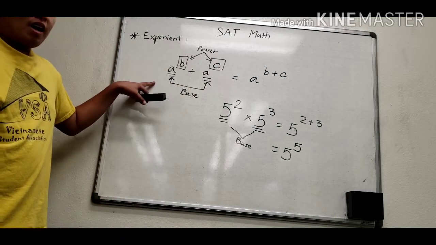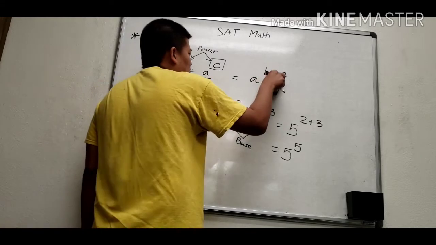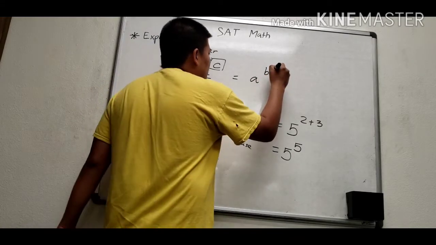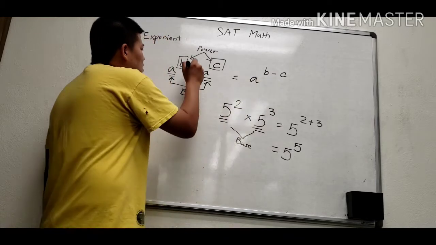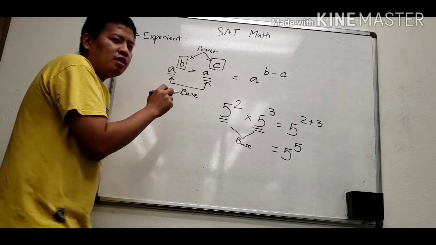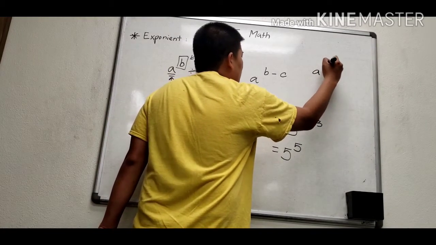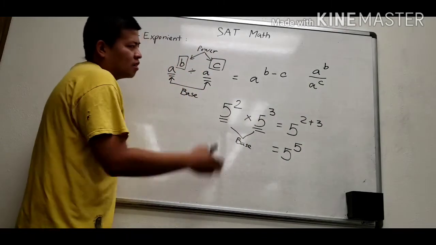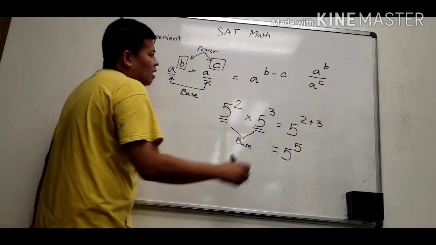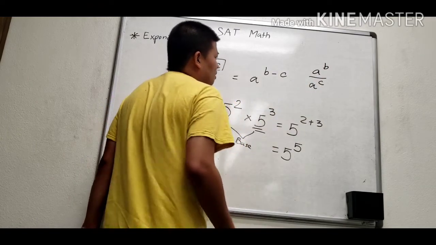When we divide exponents, the plus will change to minus. We get a power b minus c, because that's a power b divided by a power c.